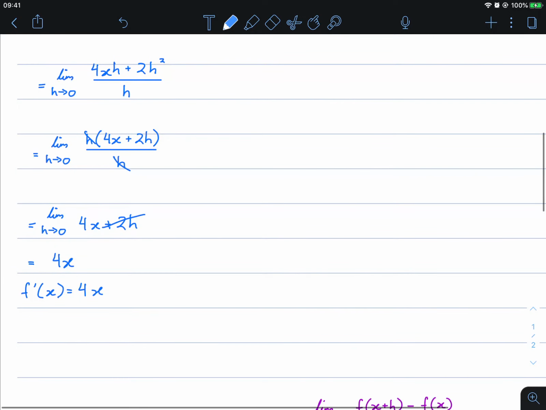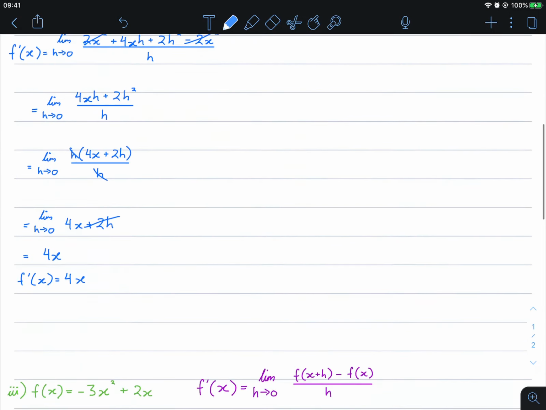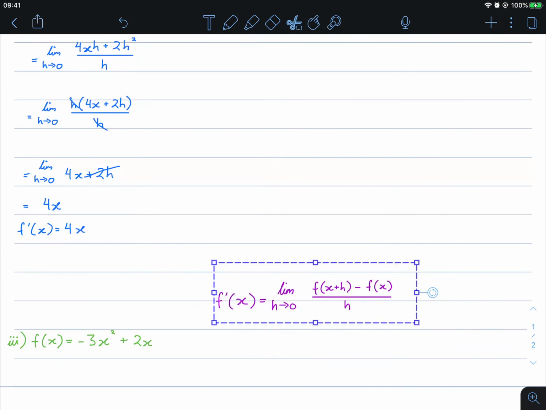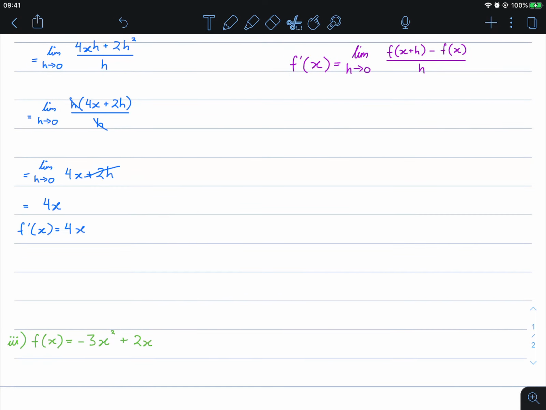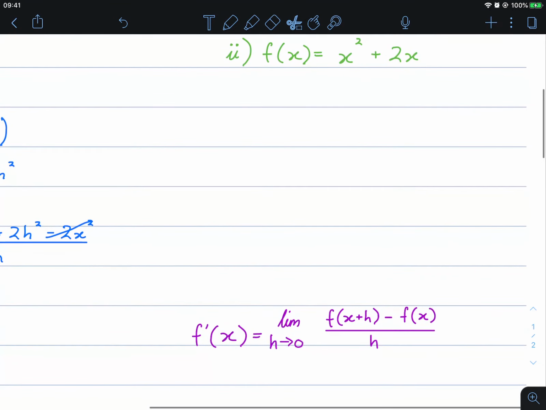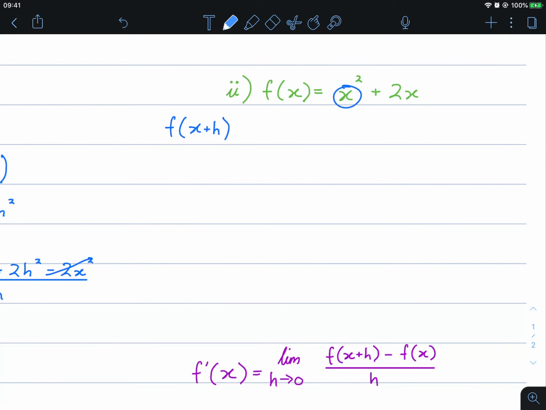Let's do another example. Let's bring this back up so we can see what we need. So for this, we need f of x plus h. So let's find this one first. F of x plus h. We're going to substitute x plus h into x squared. So this becomes x plus h squared.